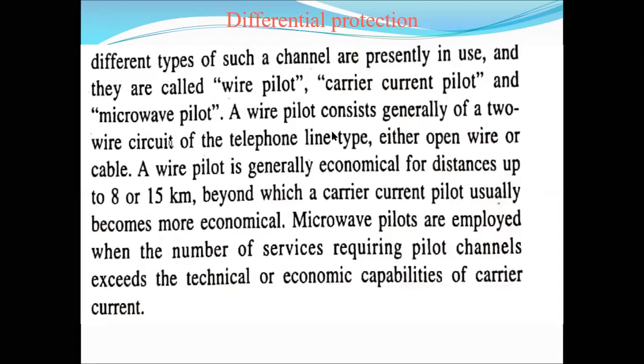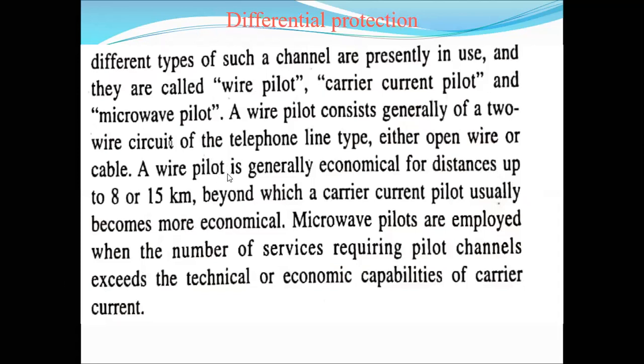Suppose a fault occurs at this point. In that situation, there is some difference between CT1 and CT2, and differential currents flow through these relay coils. Therefore, the algebraic sum of these two currents, I1 plus I2, is not equal to 0.